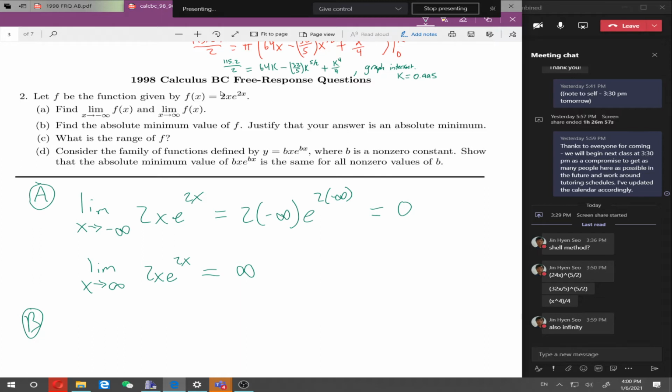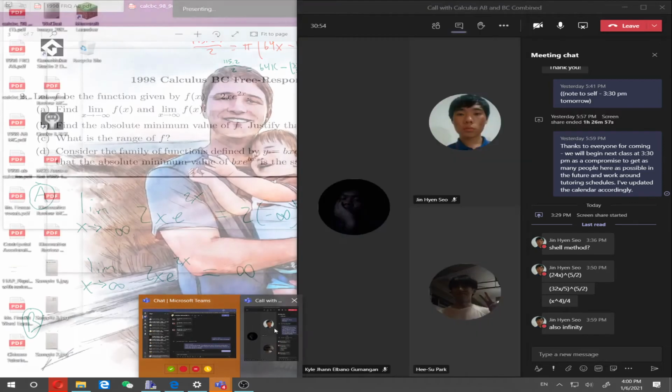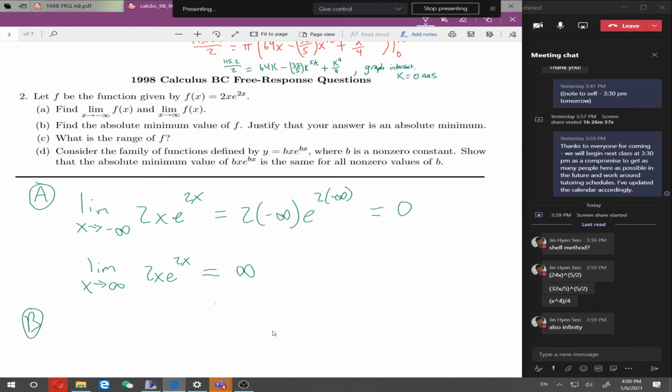How do we find a normal minimum? So, relative minimum or maximum? Might still have you muted if you're trying to speak.